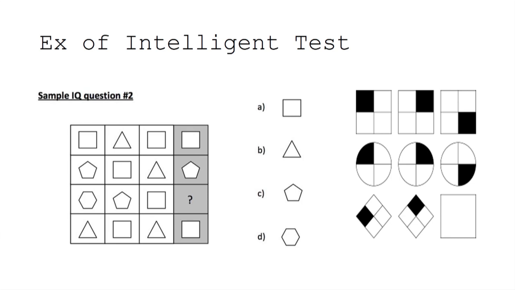An intelligence test is more of an IQ testing. Again here such kinds of questions can be administered, and the person can be asked, okay, which figure is going to fill up this box. The person has to understand the pattern, and what kind of black and white boxes have to be filled in.